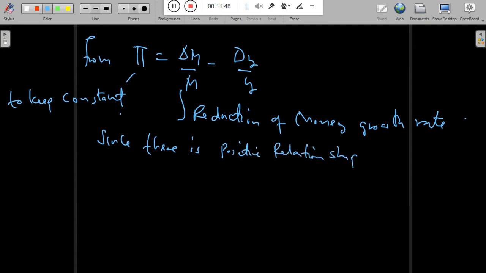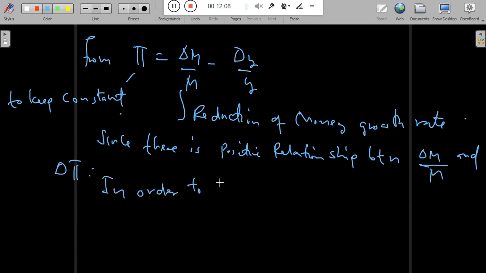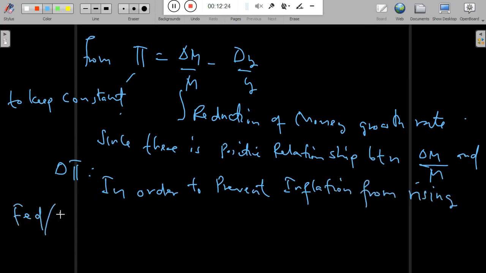So there is a positive relationship between the money supply and the inflation rate. So in order to prevent the inflation rate from rising, the inflation rate should be constant.